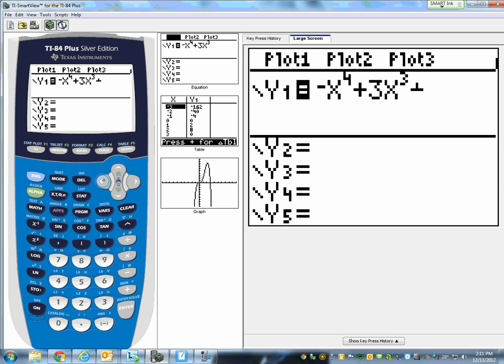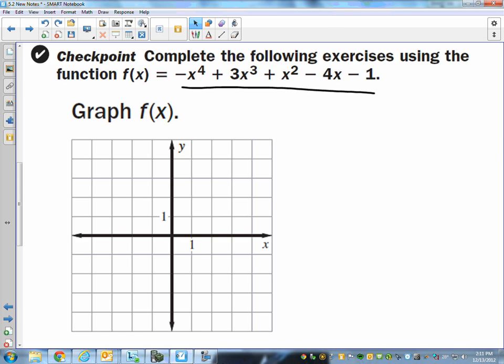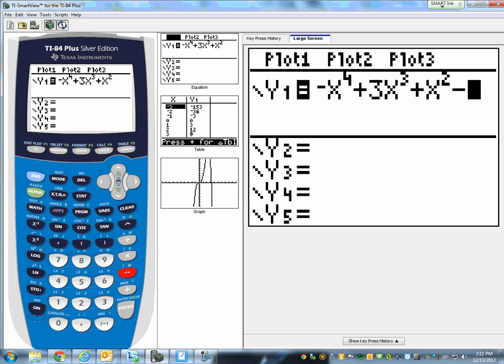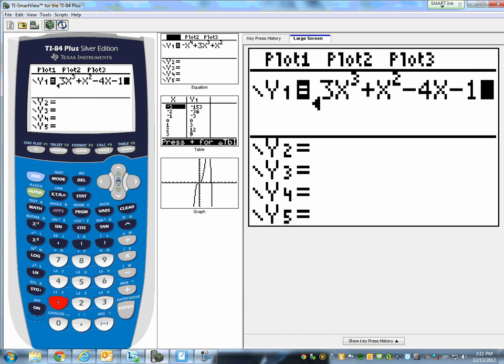Oops, x squared. I apologize for my memory being really bad. Okay, there we go. Good.